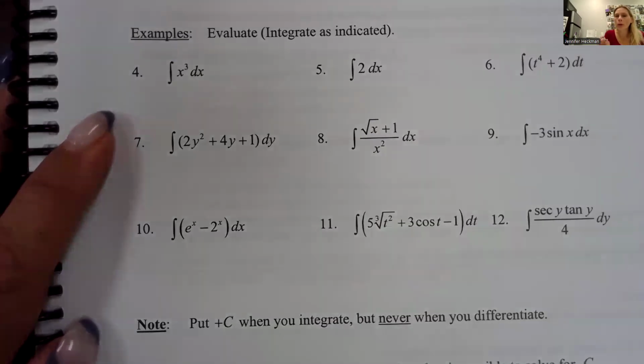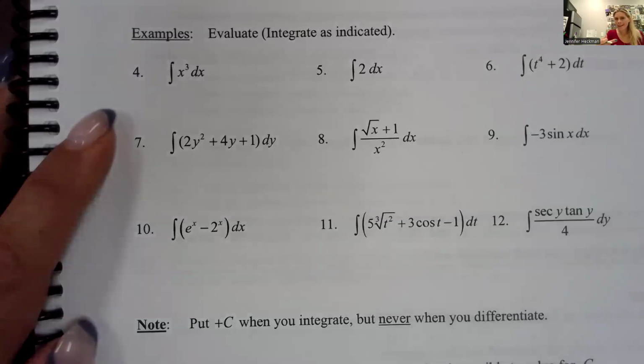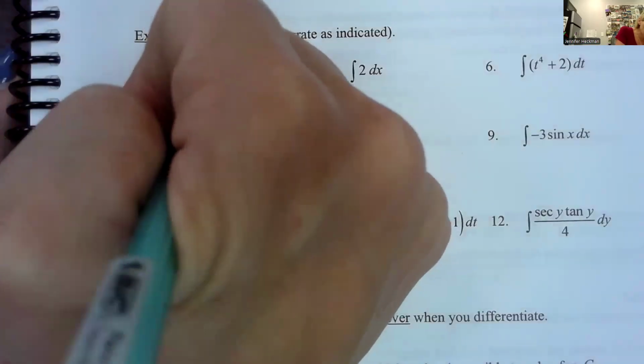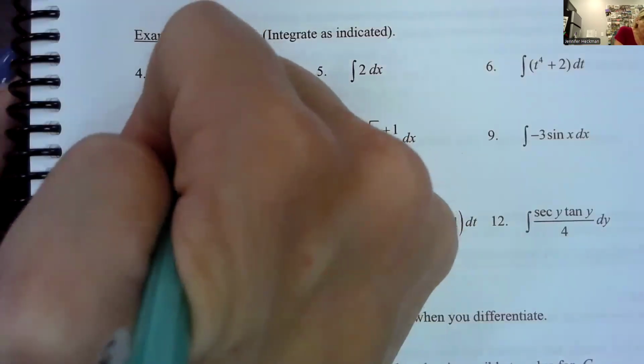Now remember though, I'm going backwards. So I have to, instead of multiplying by the exponent and then subtracting 1, I'm going to go backwards and do the opposite, right? So I'm going to add 1 to the exponent, so x to the 4th, right? And I'm going to divide by that exponent.